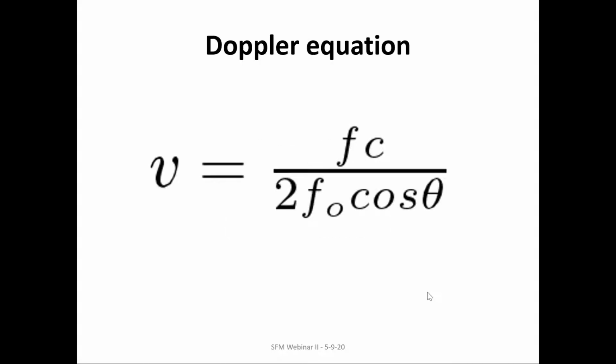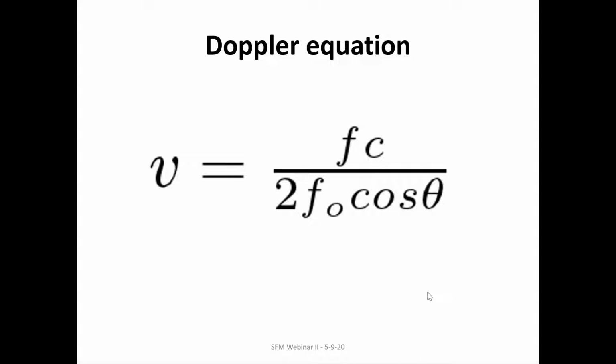And the second reason is because if you look at the Doppler equation, what we're trying to look for is the velocity, and velocity by the Doppler equation is inversely proportional to the cosine of the angle of insonation of the ultrasound. So if I need to make the velocity independent of the angle of insonation, my cos theta has to be constant at 1.